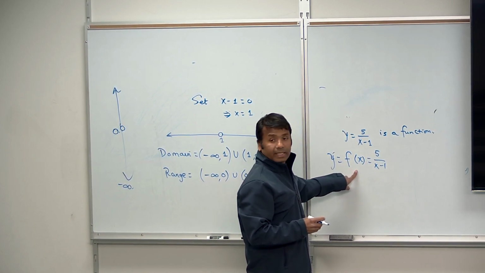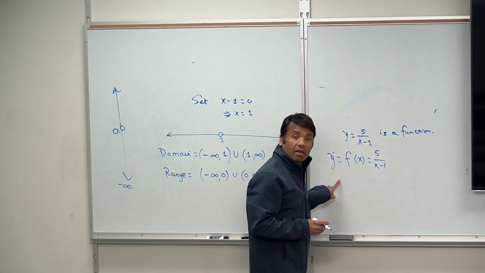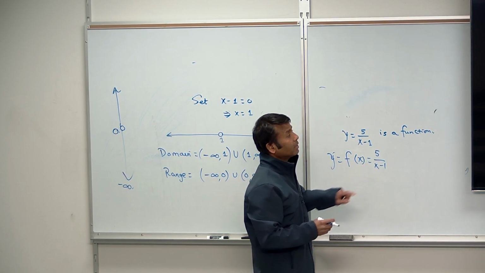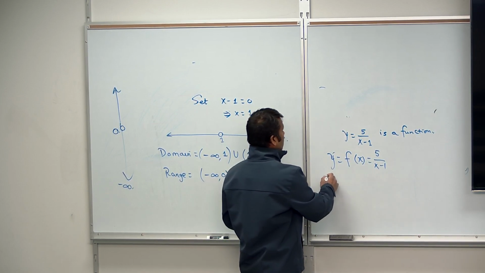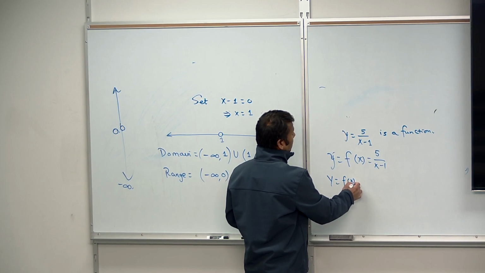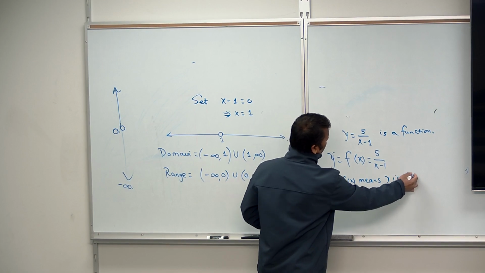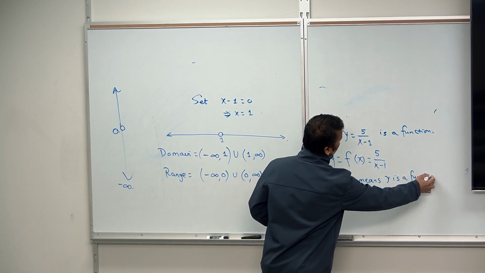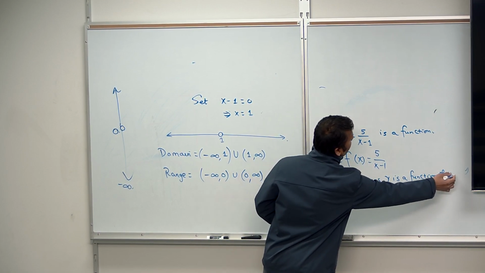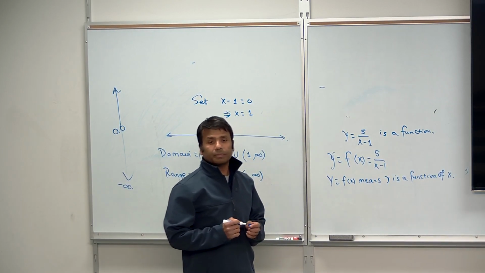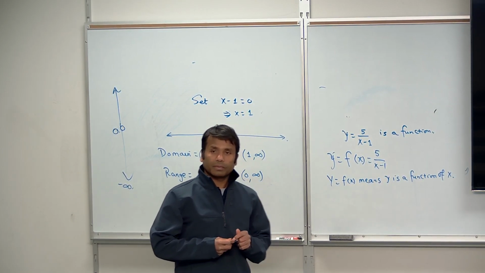This f(x) means y is a function of x. So how do you read y equal to f(x)? Y is a function of x. This is the notation. Did you get it?